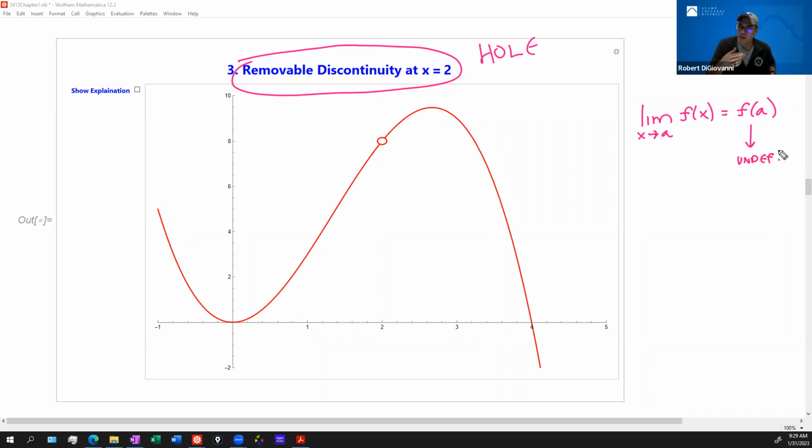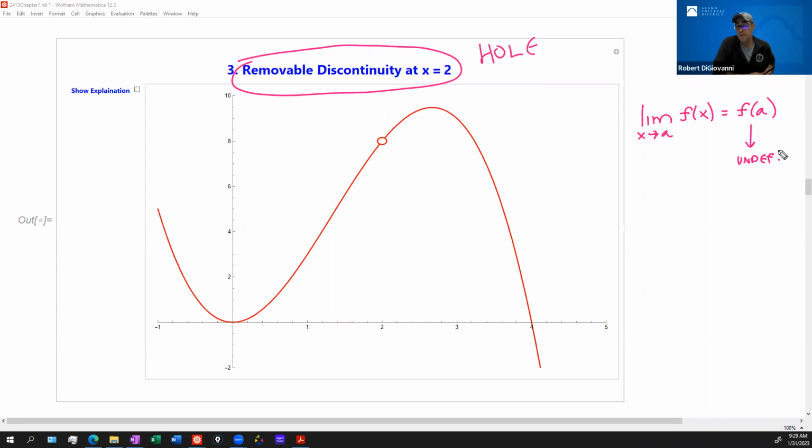Now, does anyone have a guess as to why they call it removable? I don't expect anyone to get this, but you never know. Why would we call this removable? Let me give you a hint.